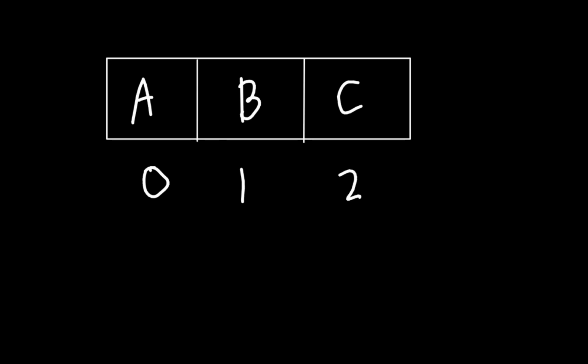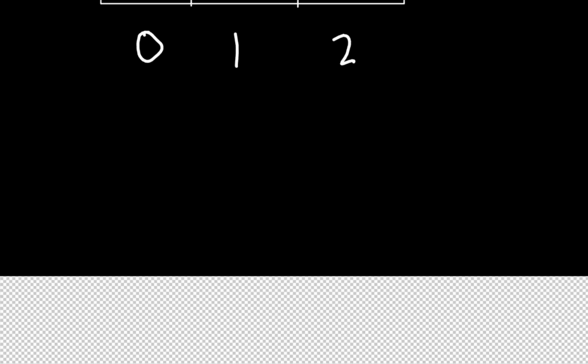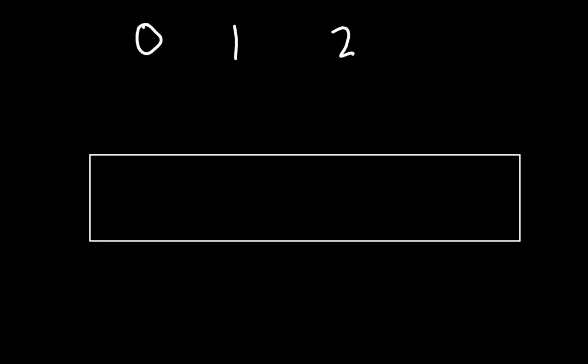Let's say I want to add the letter D here. How do we do this? Well, we first need to create another array, our new array, that can now store four values.